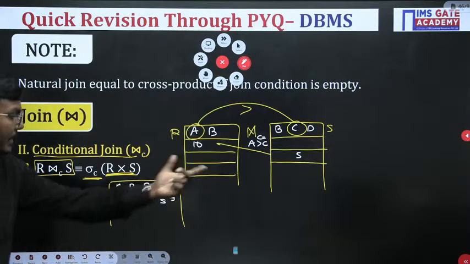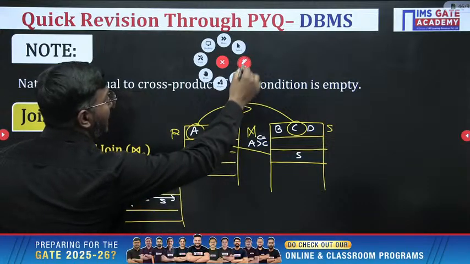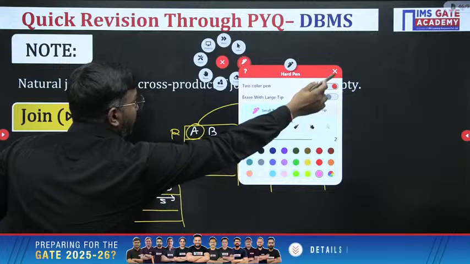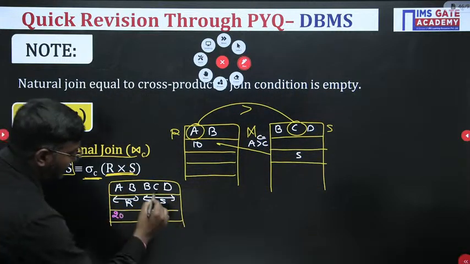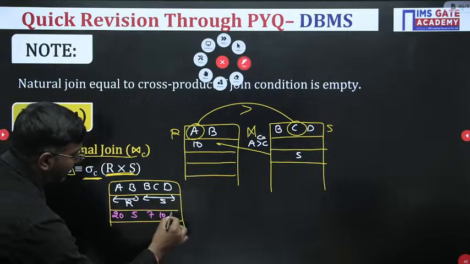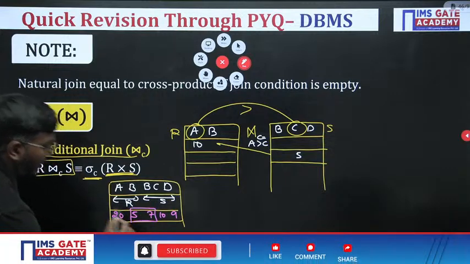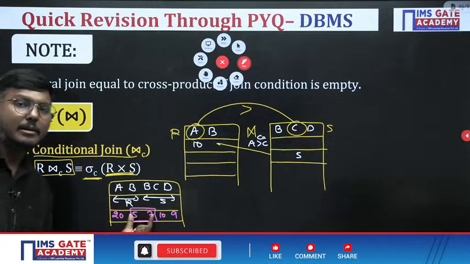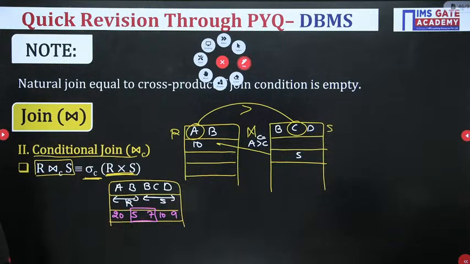Why? Because it's possible that for some record, A is 20 and C is 10 and B is 5 and 7 or 9. For any records, if B and C are not equal, then we cannot merge them into a single attribute. So it's not ABCD; it will be separate A, B, B, C, D.